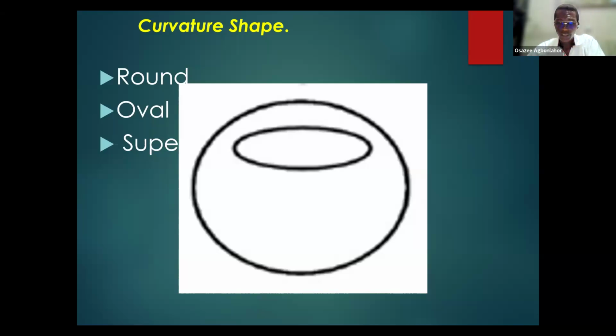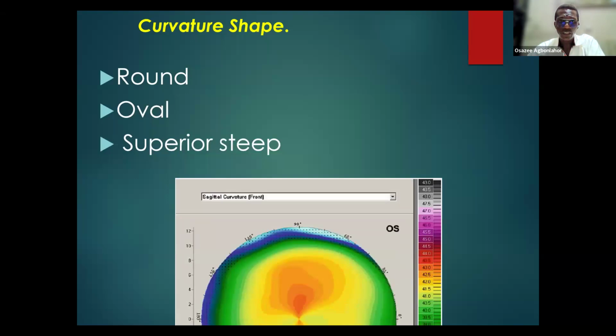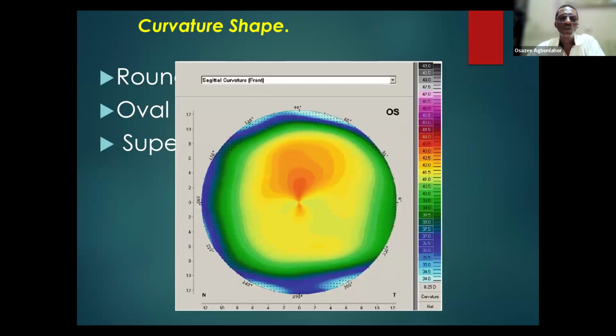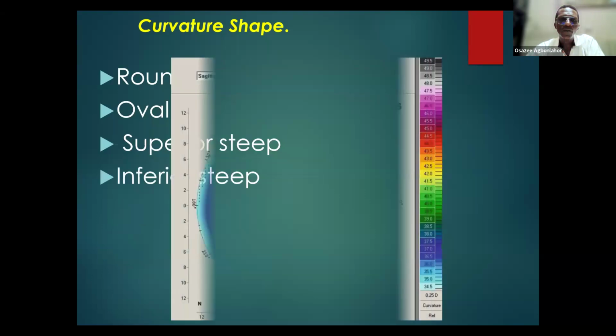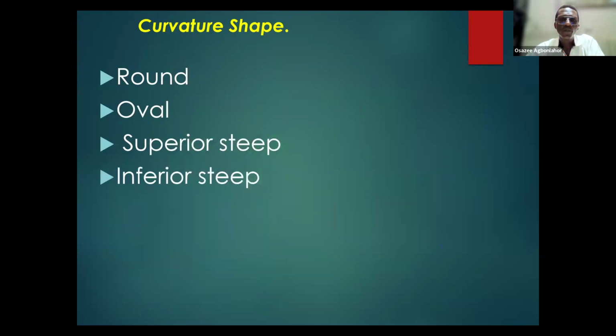Here, the superior is more steep, so we call that a superior steep graph. And here it's asymmetric because you have more steepness superiorly compared to inferiorly. You also have similarly an inferior steep pattern as seen in this photo.